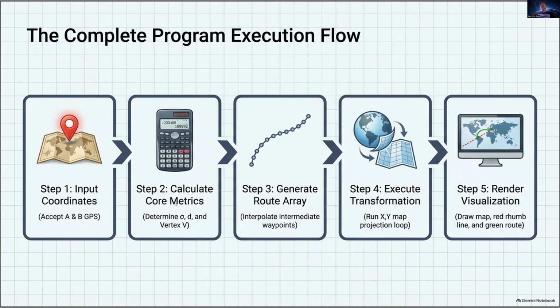Input coordinates, calculate the matrix using Python. Generate the route array, interpolate intermediate waypoints, execute transformation, XY projection loop, and the mapping, render visualization, draw map, draw lines, doing routes, we do great circle, exact point, we do X and Y.